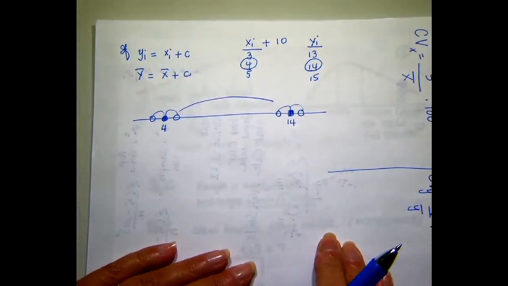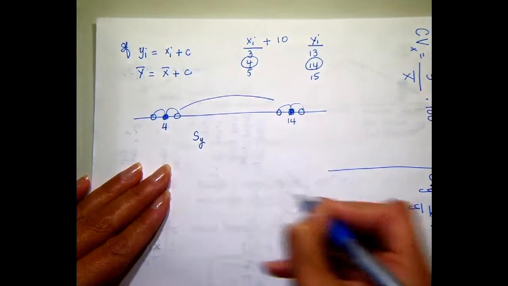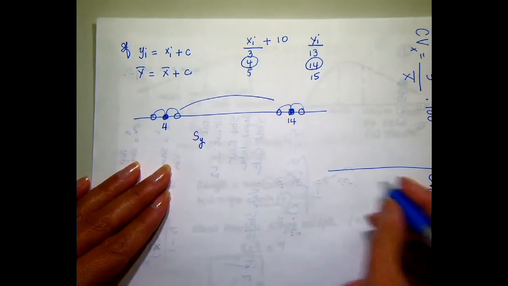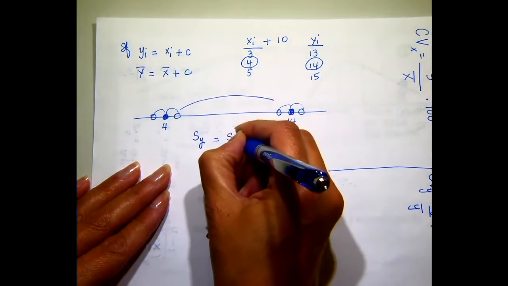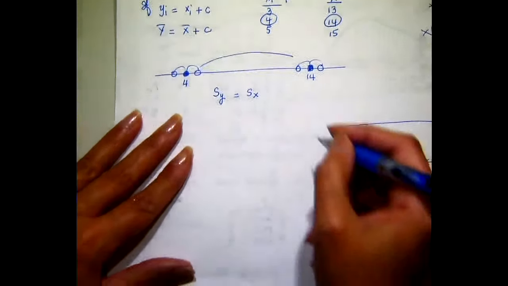Are you with me? So Sy, which is the standard deviation of the new set of data, is going to be equal to Sx in this case. Let me know if this doesn't make sense and I'll show you mathematically.